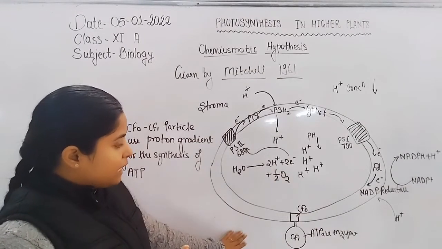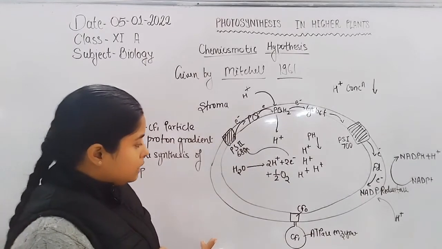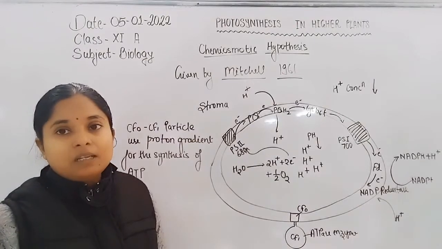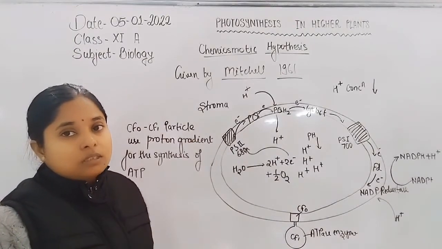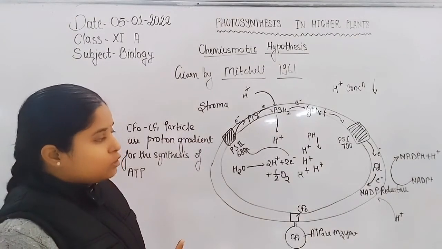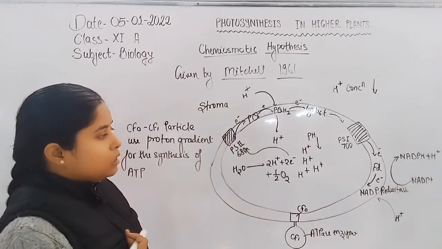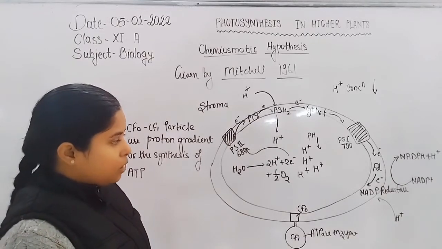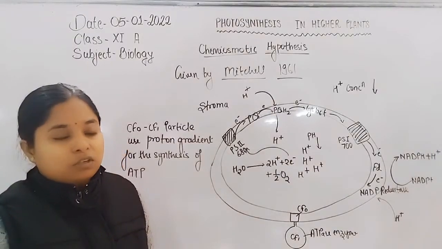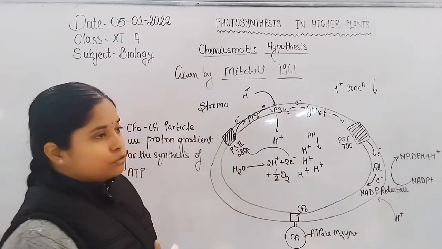In the stroma lamellae only ATP gets synthesized; NADPH is not synthesized, because they don't have the NADP reductase molecule. Only photosystem I is present, and photosystem II is absent. So there is no splitting of water.